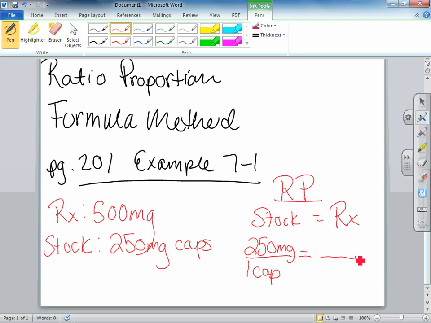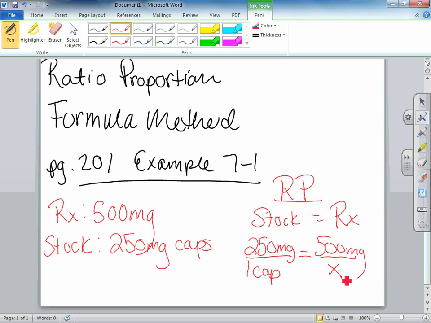Because I have milligrams at the top and capsules at the bottom, for my prescription order of 500 milligrams, where does it go? Top or bottom? If you said top, you are correct. You're going to put 500 milligrams at the top, and X at the bottom.